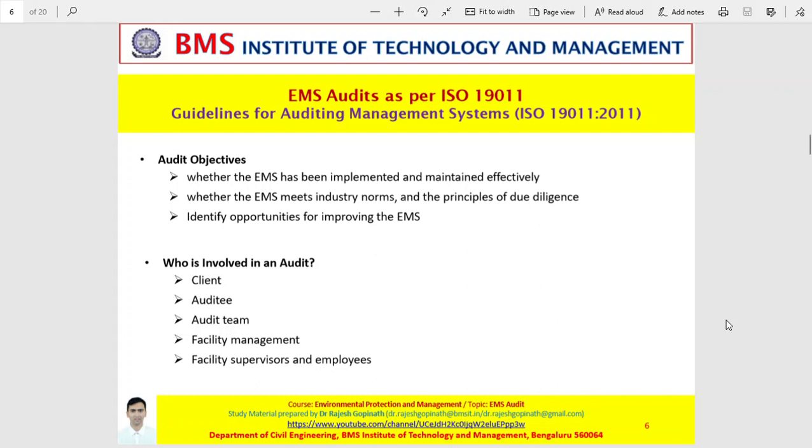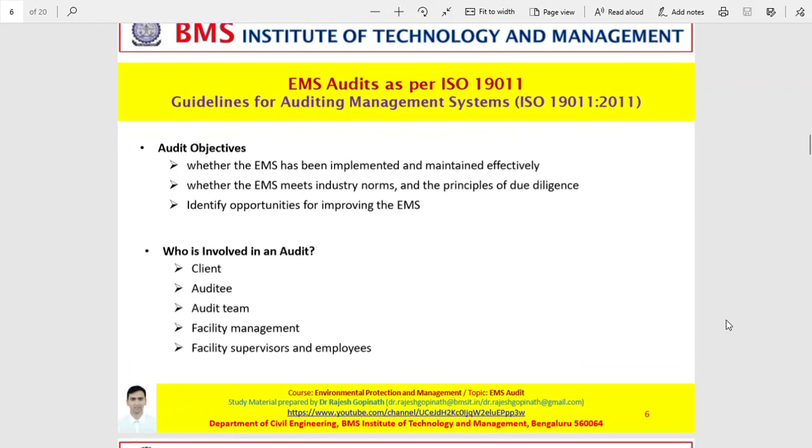Facility management, these are those who are responsible for receiving and initiating action on audit results. Facility supervisors and employees, these are those who are responsible for cooperating in the audit process and providing information as requested by the auditors. Let's move on to slide 7.